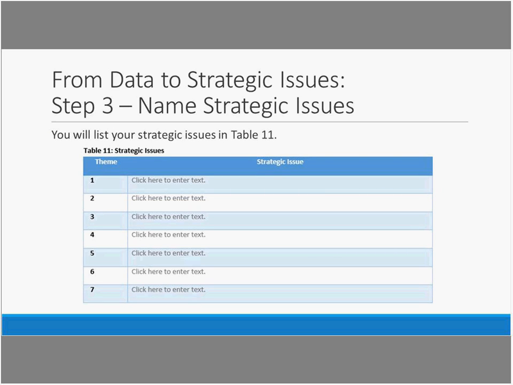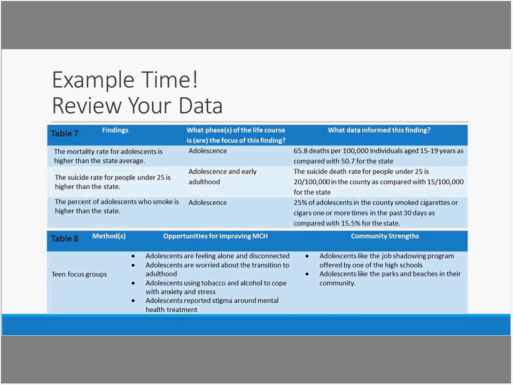What are your strategic issues identified? You'll list all of those in Table 11. And for each theme, you'll identify a strategic issue. So once you name your theme, you'll turn that into a question, which will be your strategic issue. And again, an example in just a second will be helpful.